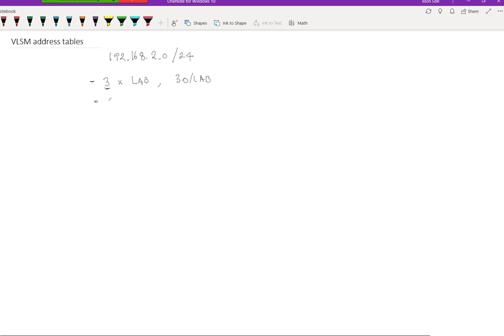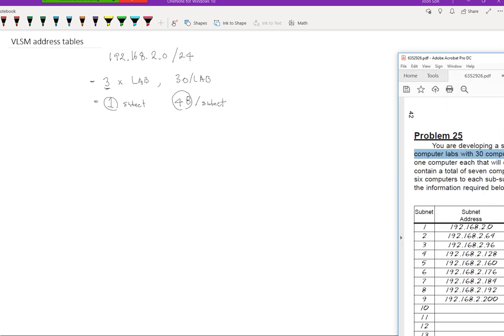So we need only a single subnet, but how many computers? 48 classrooms with 1 computer each. So that means we need 48 computers for this subnet. We need only 1 subnet, but the subnet needs to have what? 48 hosts.